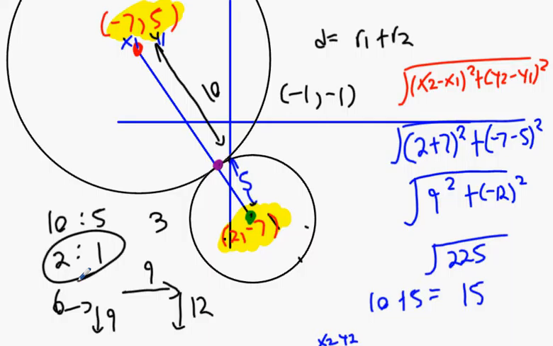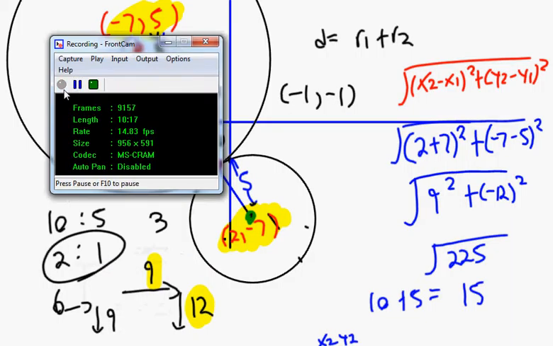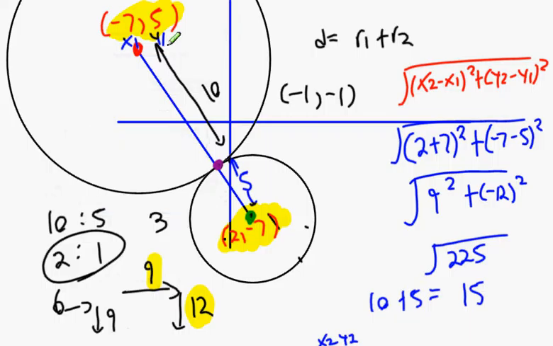Divide by 3, multiply by 2. Basically, whatever the ratio is, add them together. We get 3 when we add the ratio together.